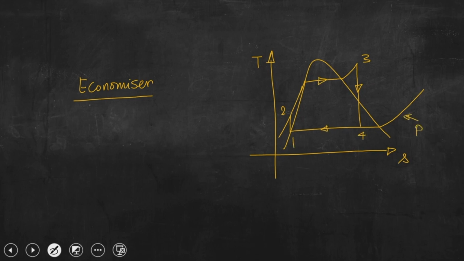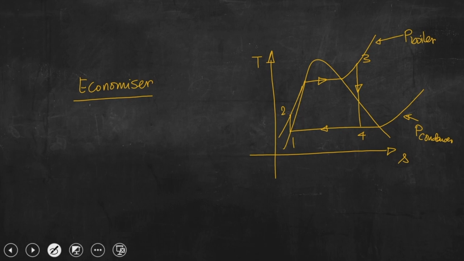So, this is P condenser and this is P boiler, right. You know that this point 1 is at the exit of the condenser, and that is the saturated liquid, which is pumped back to the boiler, and this is the inlet condition of the working substance before it enters the boiler.